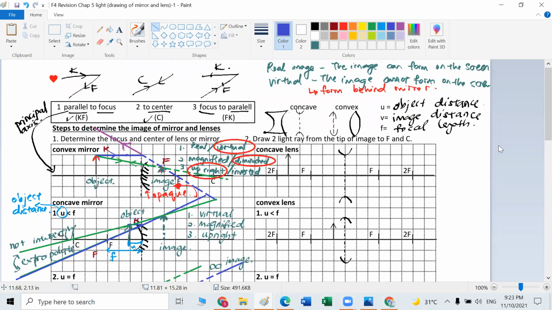So first of all, K, F. Okay, this F using the F in front because it will diverge. The light will be diverge, so it will extend like that.